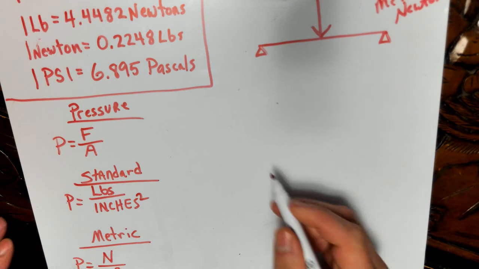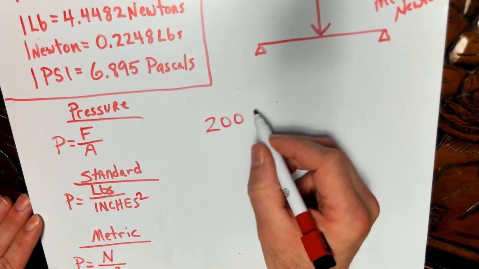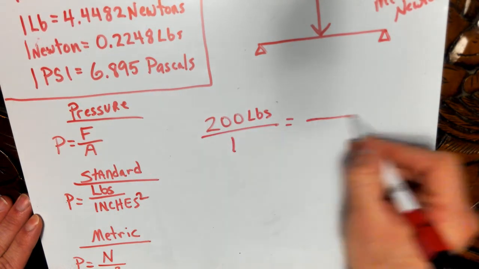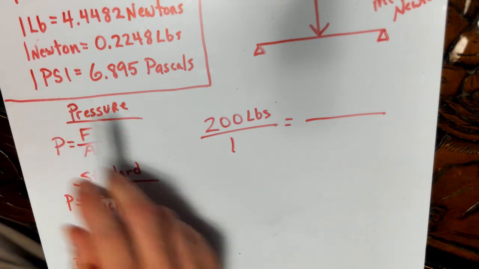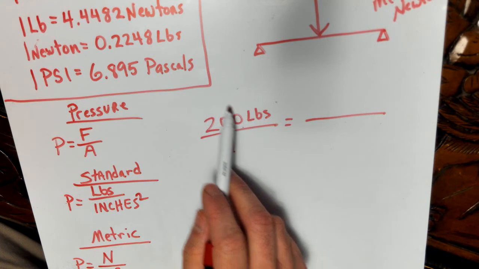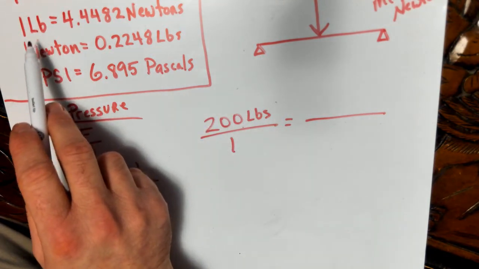So, I come down here, 200 pounds divided by 1 equals, and I come over to this side, and I got to find my conversion factor. Well, you got 200 pounds here, so I got to find pounds. So here's a pounds, and here's a pounds, right? I can use either one of them.